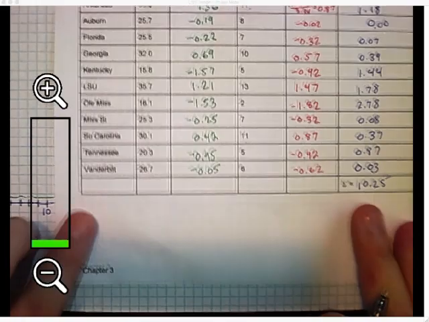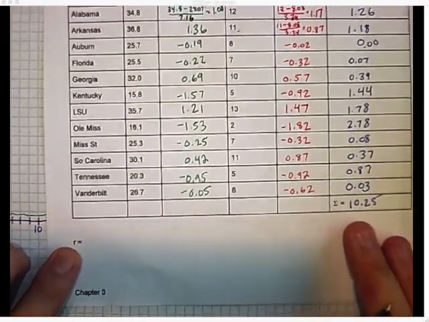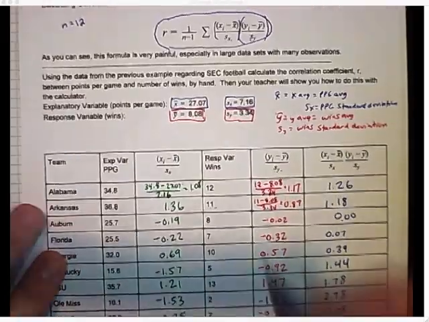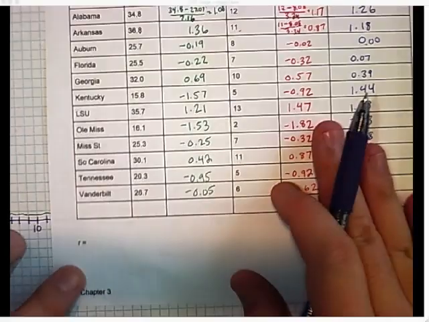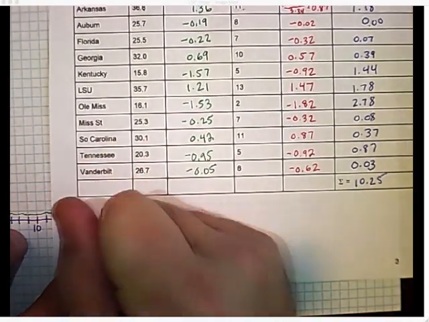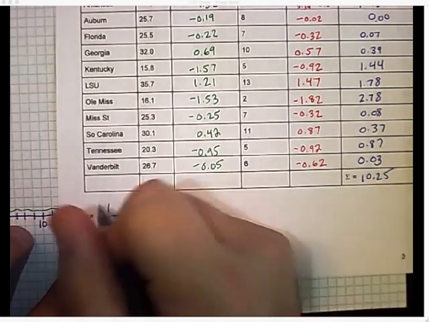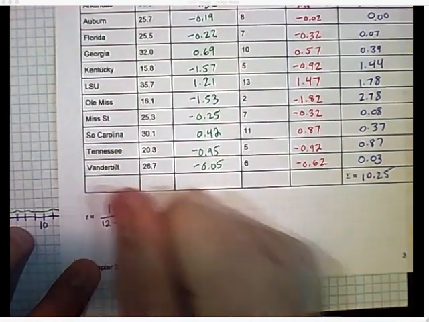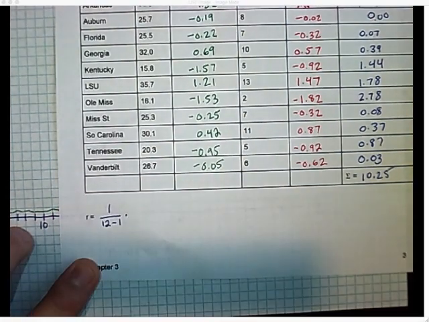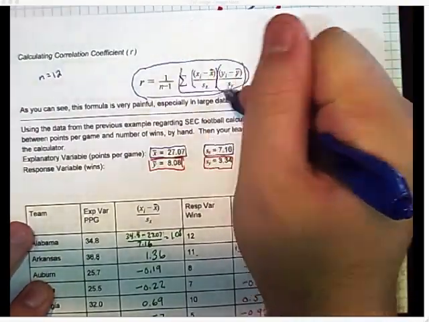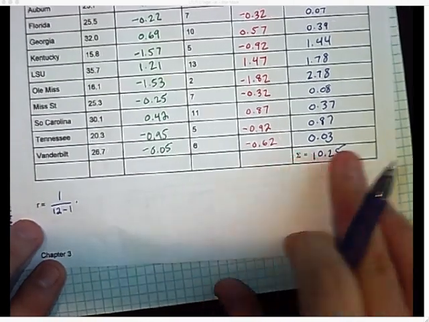Now, how do you actually find R? Go back to the formula. It says 1 over n minus 1. How many teams did we have? We had 12. So 1 over 12 minus 1 times the sum that we just found, which was 10.25.